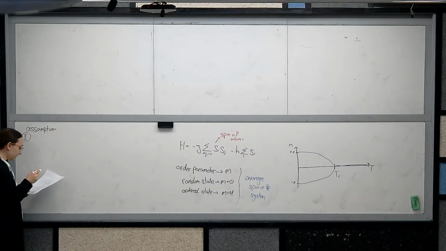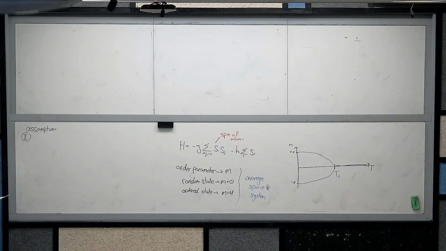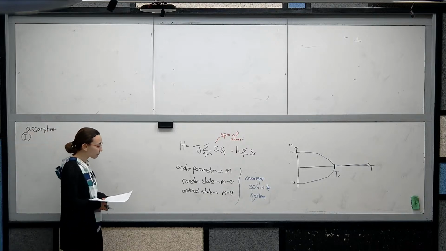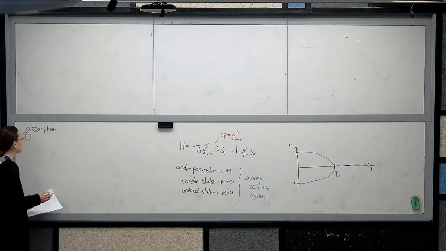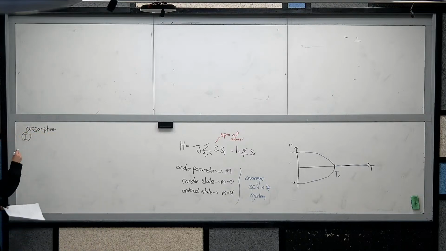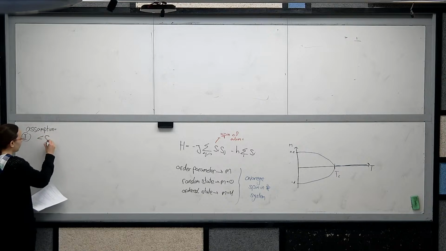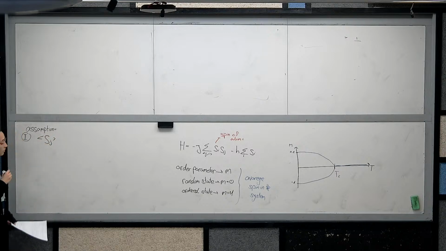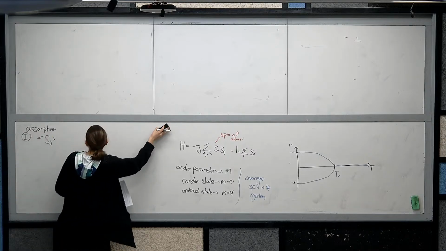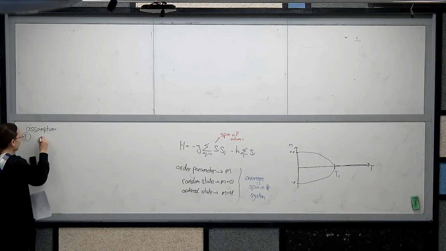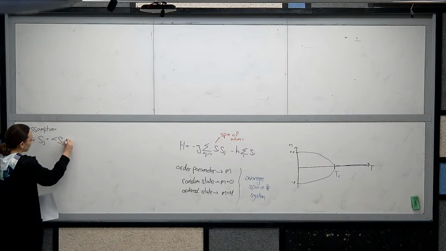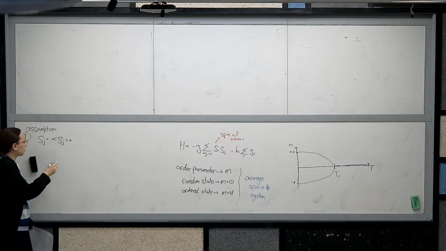Okay, so we're saying, let's assume that the spins are close to the average spin of the whole lattice. So we can say the spin of atom J will be equal to the average spin of the system with a small change.